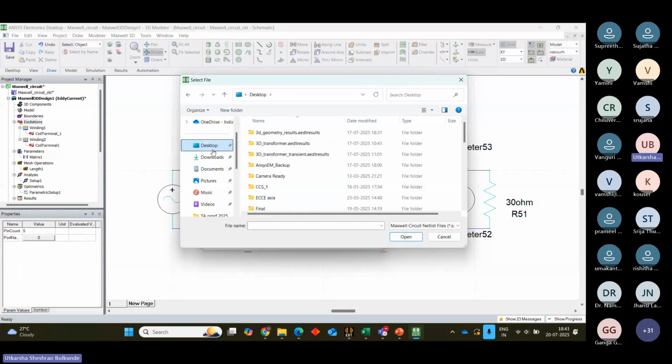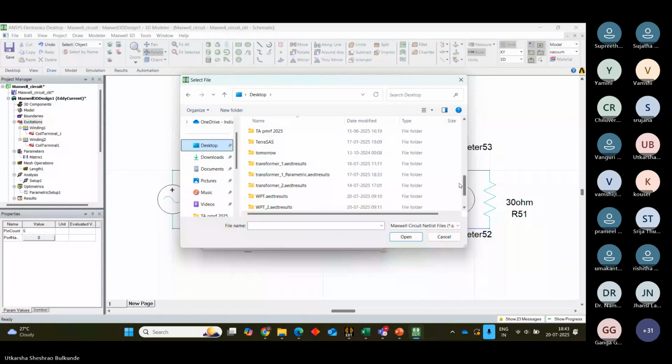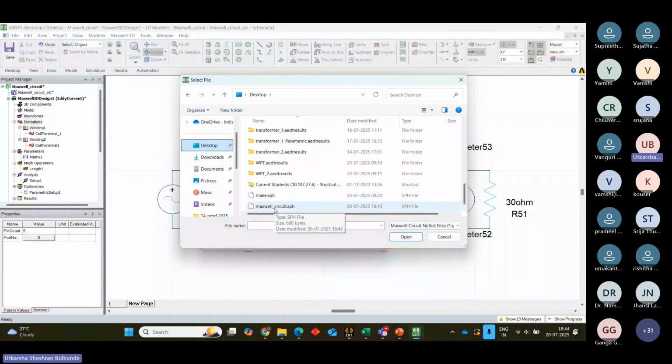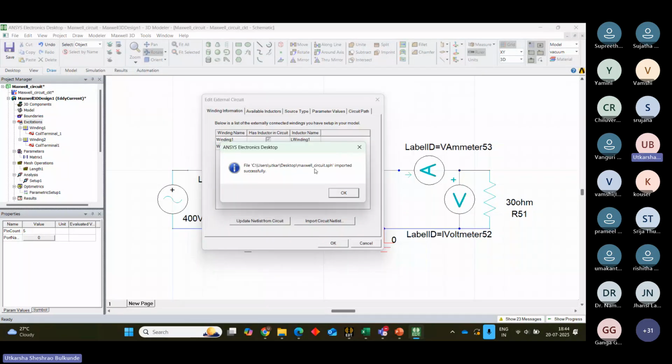We saved it on the desktop, right? Maxwell circuit, this file. Just select that file and open. Here it says that we have successfully imported our file.